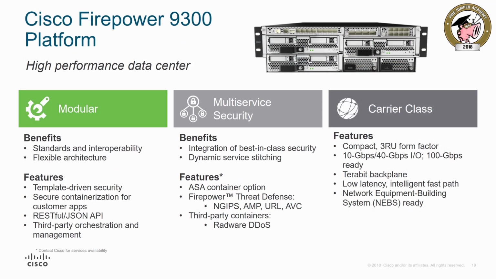The new Cisco Firepower 9300 appliance is purpose-built for carrier class multi-security service application providers. What it does is provide tight integration of best-of-breed security applications from Cisco and third parties, and delivers superior performance, deep integration, and advanced orchestration and management.